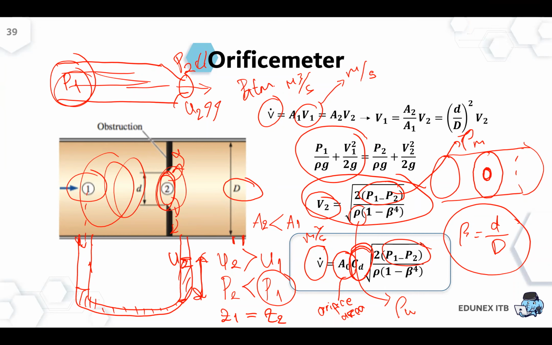Still there is a pressure difference between point 2, at the point when you pinch, with the atmospheric. So basically the pressure that you feel, you encounter, is the pressure difference between point 2 and atmospheric. It's not between P1 and P2.